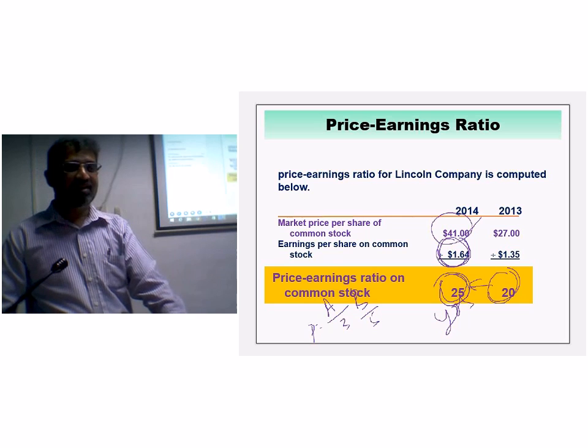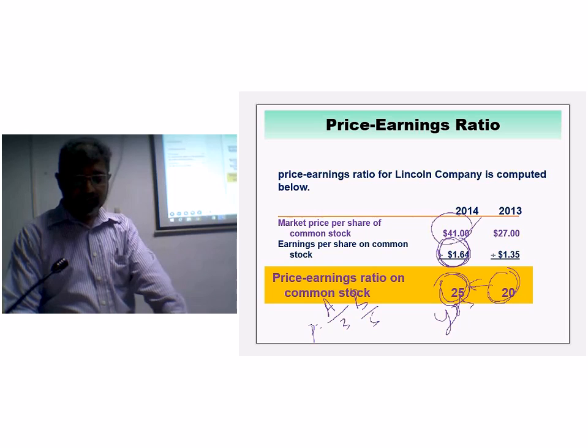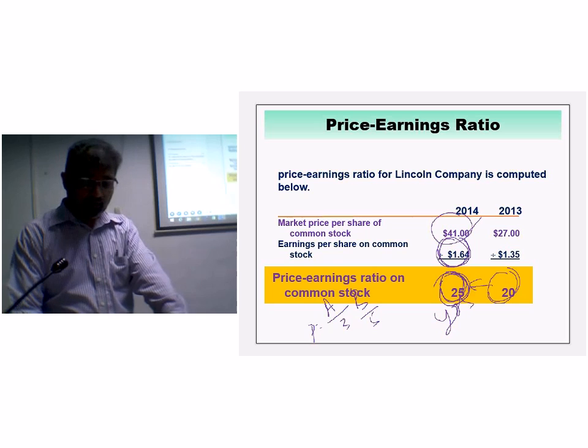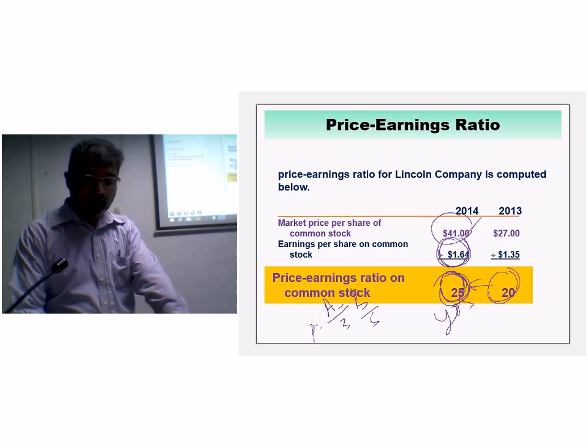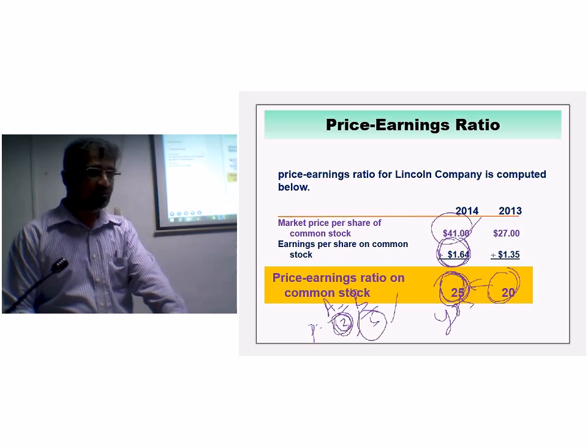In these two examples, A and B, the price earning ratio is 3 times. 3 times means 3 years. Here, 5 times means 5 years.